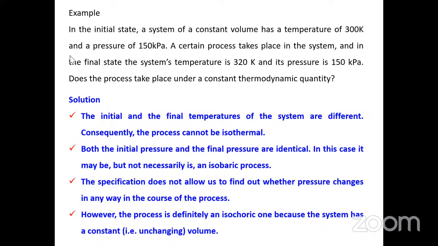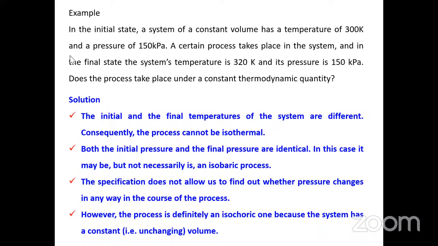The initial and final temperatures of the system are different. You can see the initial temperature is 300 Kelvin and the final one is 320 Kelvin. So definitely the temperature has changed, and so that process did not take place at a constant temperature. So the process cannot be isothermal.